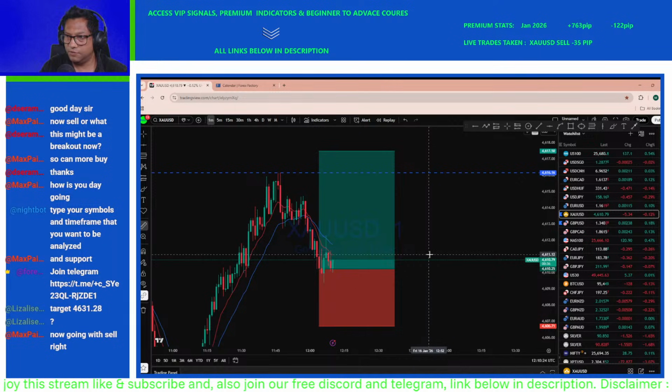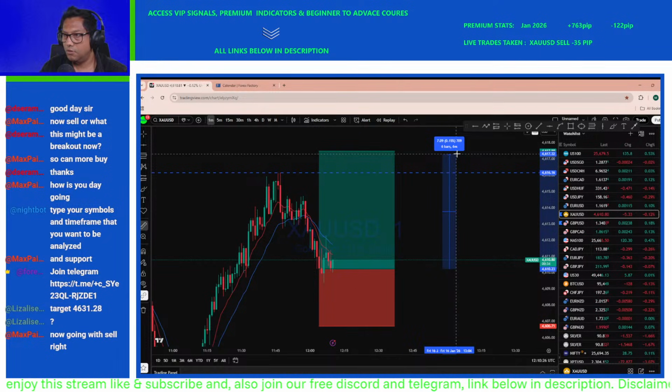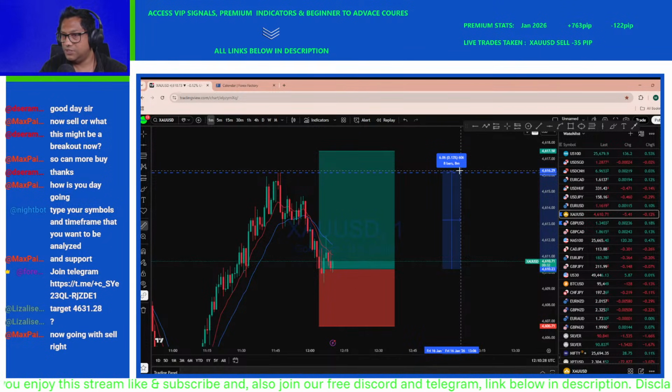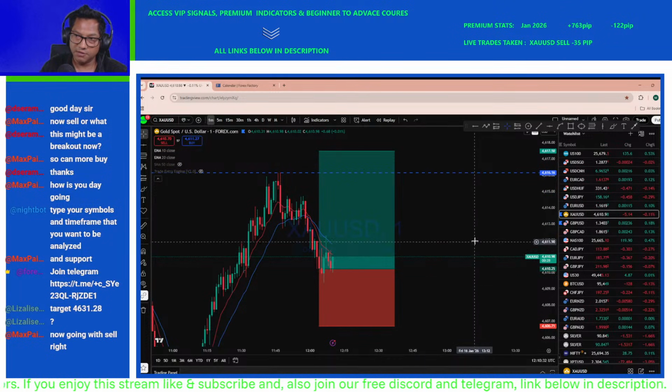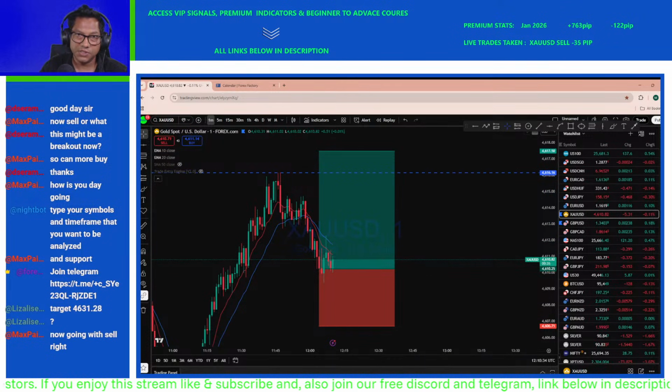There is a potential for 60 pip growth, if the market takes that reversal back to the upside.